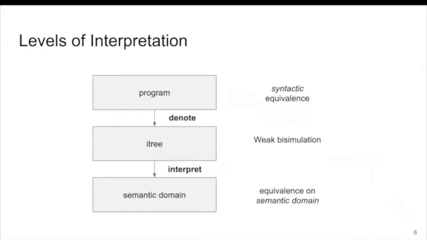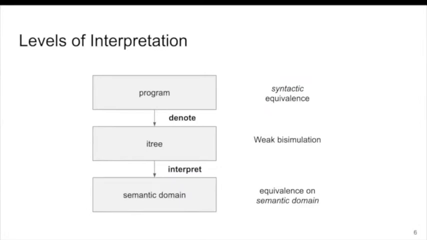So here we can see a diagram of how we represent program semantics using iTrees. We start with the program syntax. Then we denote this program syntax into uninterpreted iTrees, where now we can compare them using a relation known as weak bisimulation.